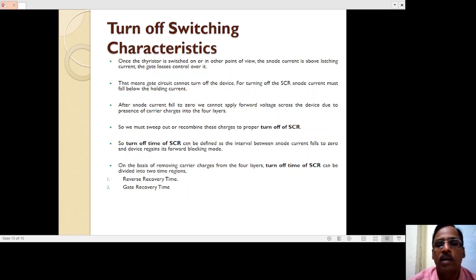If anode current reaches holding current, your SCR will not completely turn off because there are active charge carriers across junctions J1, J2, J3. What is the condition for turn off of your SCR? SCR should be in reverse bias condition, or the current should reduce to 0 and reverse voltage applied for certain time so that your SCR will be turned off.